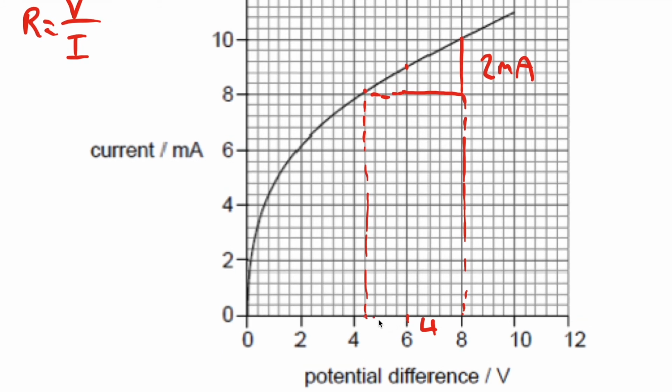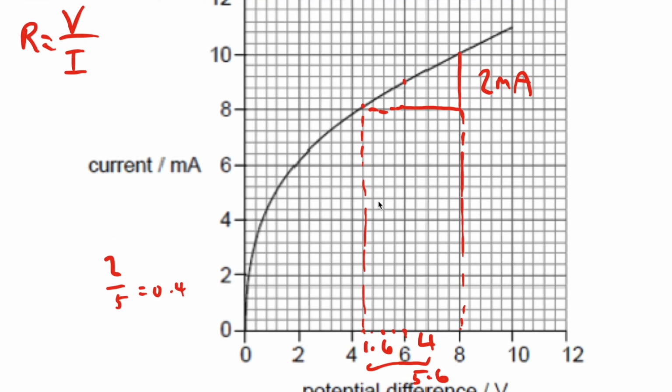So 1, 2, 3, 4, 5. 2 volt for 5 intervals is gonna be equal to 0.4. So here will be equal to 1.6. So the total will be 5.6. So reciprocal of 5.6 over 2 is gonna be equal to 2.8.